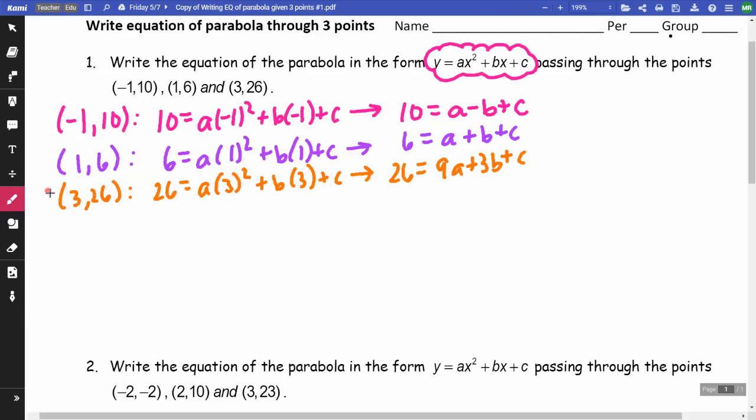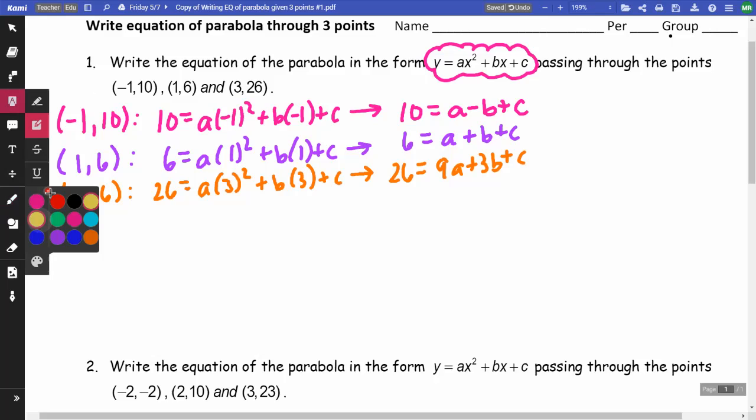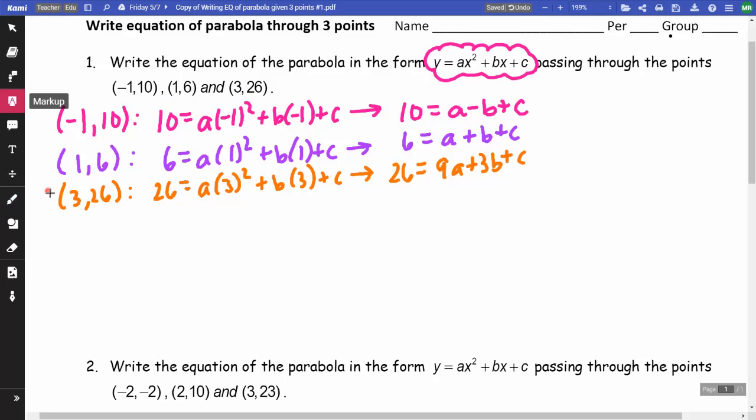So on these problems, you could eliminate any variable you want, a, b, or c. But what I will always do on these ones is, because we will always have a plus c, because there's no x or y with that, I'm always going to use my c to be eliminated, okay?